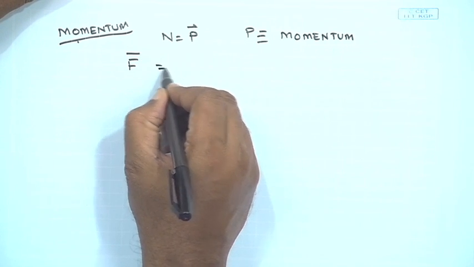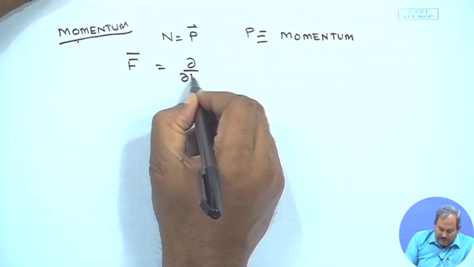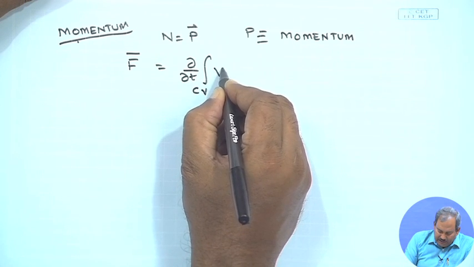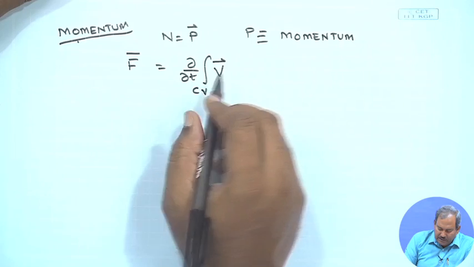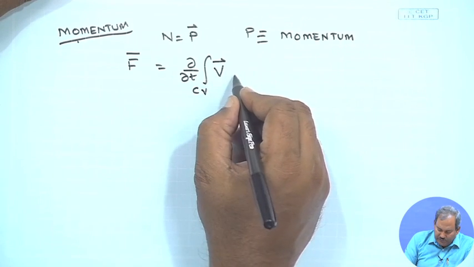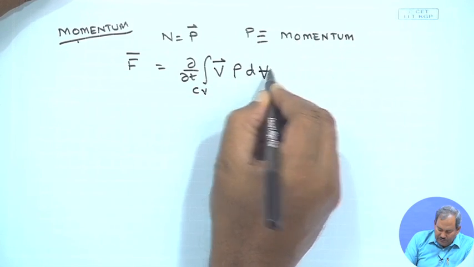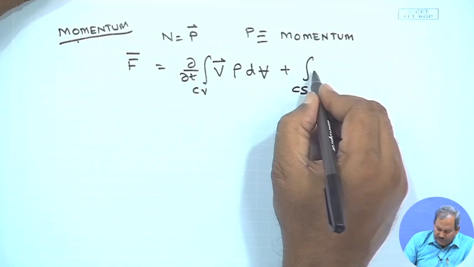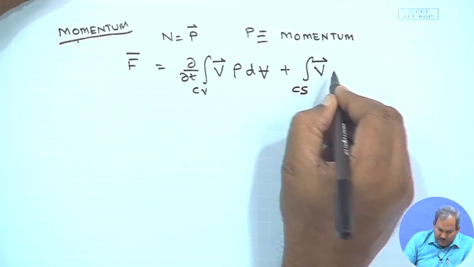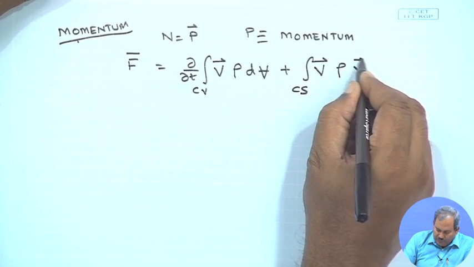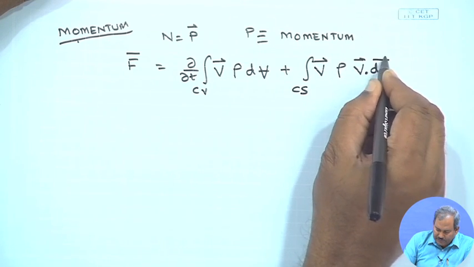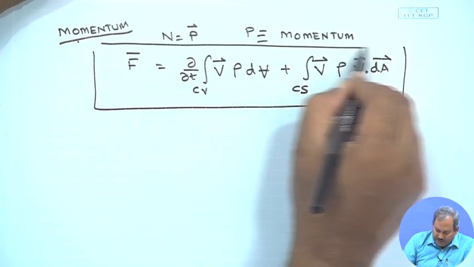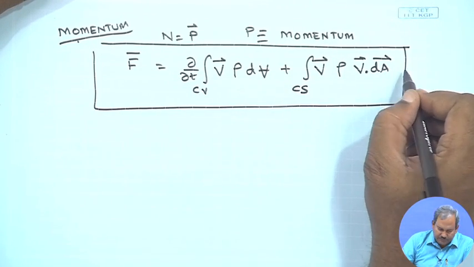And if this is the force, then the right hand side would be del t integration over the control volume. Instead of eta, the corresponding intensive property I have is v now, rho dv, plus the flux through the control surfaces of the intensive property, that is rho v, v dot dA. So, this is what I have here, the momentum equation.